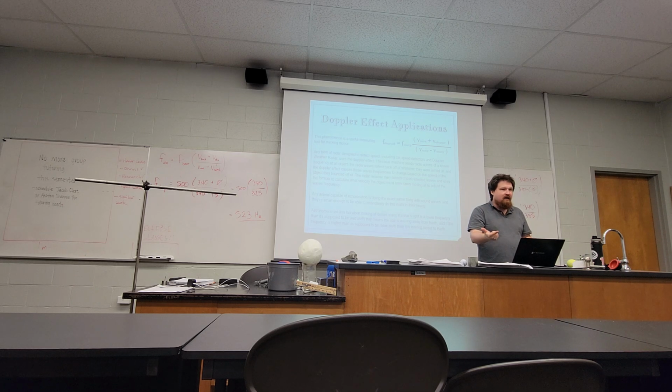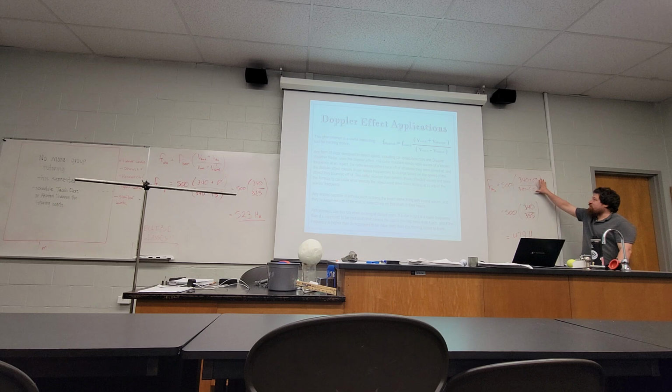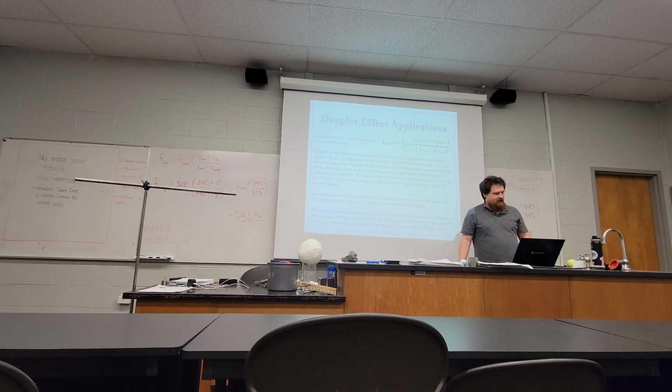Radar guns, Doppler weather radar, even the echolocation in bats uses this principle, because radar machines and bats know what frequency they emit, what frequency of sound or radio waves they create, and they're listening for the echo of a different frequency. They then use this formula to figure out how fast the thing they're screaming at is moving. Bats can do this in their head. Bats are pretty smart. Any echolocating animal, so that also includes dolphins.